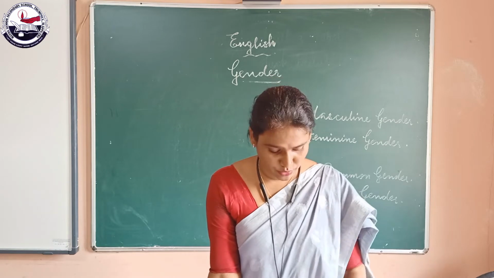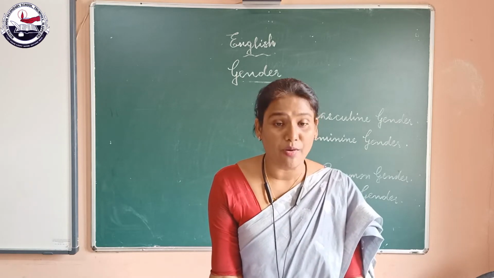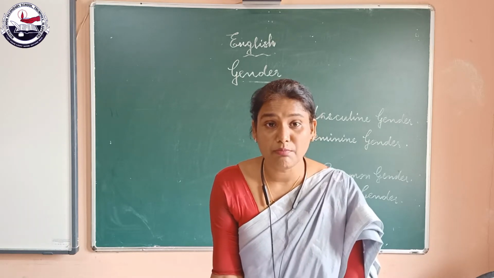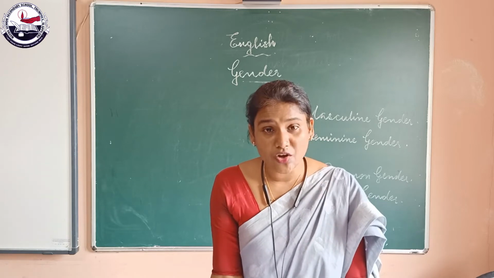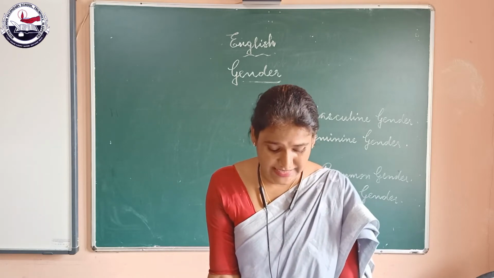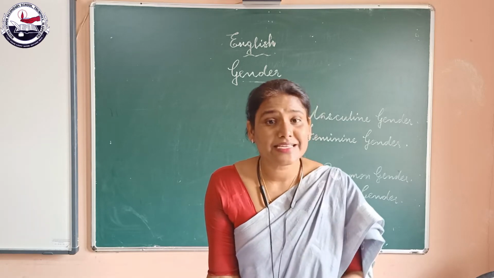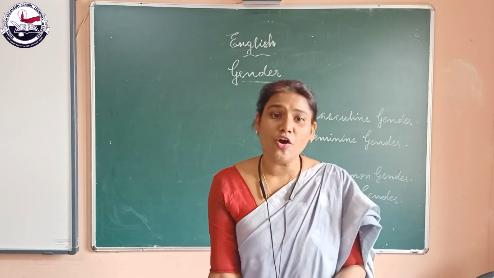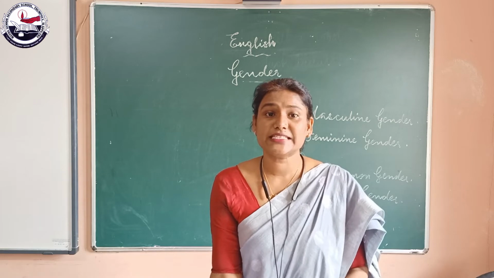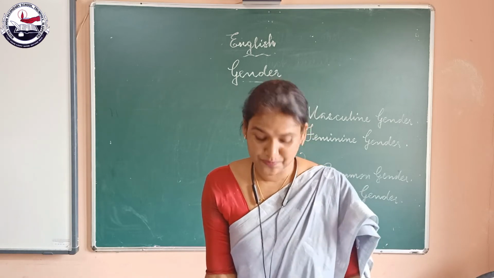One is done for you. There are 20 boys in our class. Boys denotes male, so we can say it is masculine. And the second one, class, neither male nor female, so it is neuter gender.